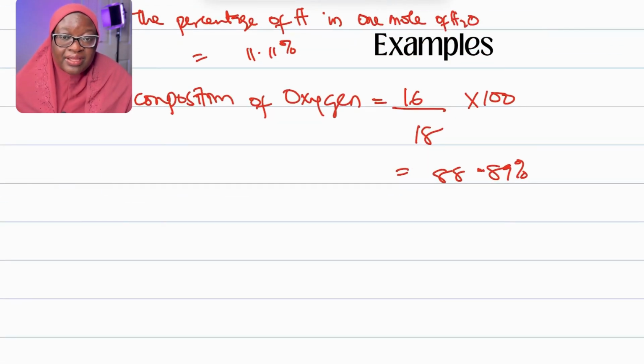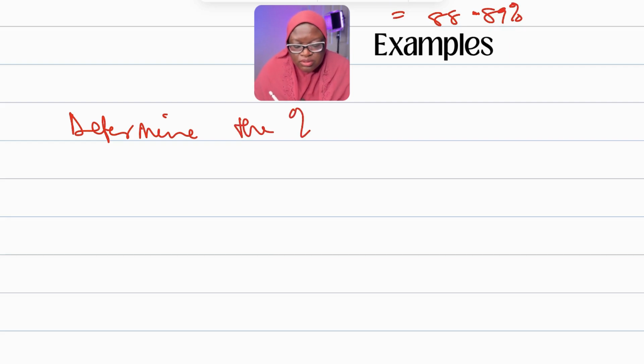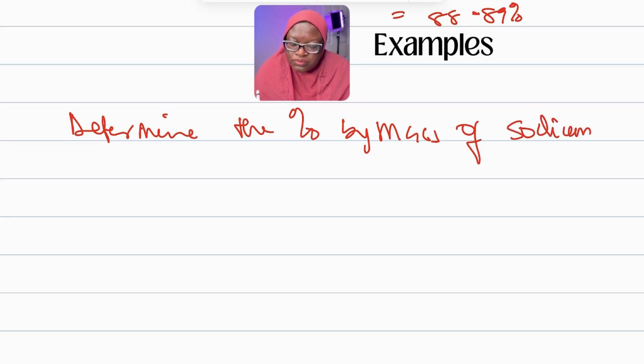Let's take another example. Now, let's take another example with percentage composition. Determine the percentage by mass of sodium in sodium chloride. That's table salt.